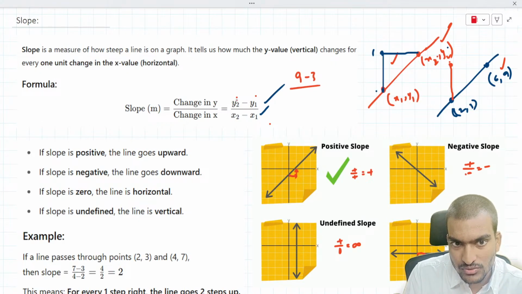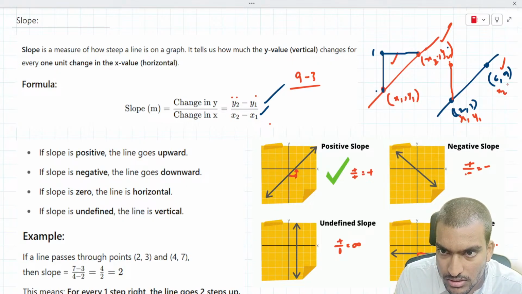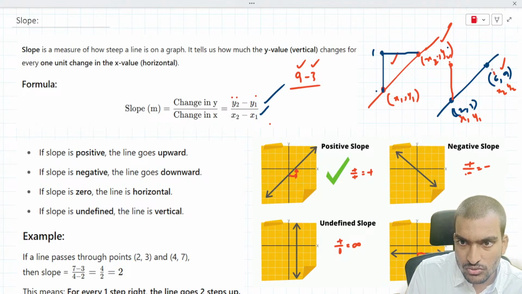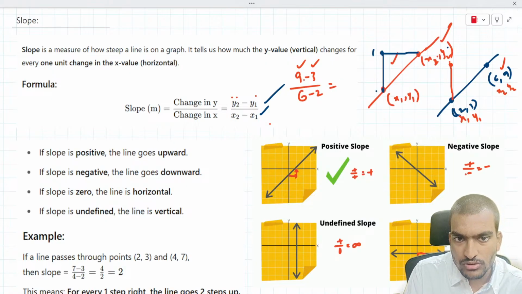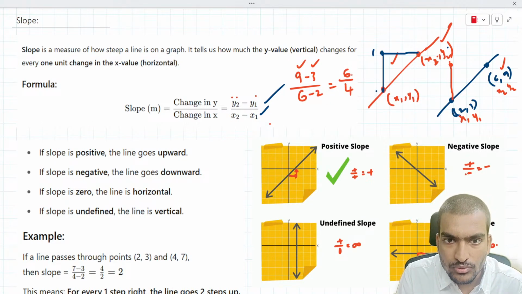Considering this is x1 and y1, and this is x2 and y2, the slope is y2 minus y1 by x2 minus x1. What is x2? 6. So 6 minus 2. 9 minus 3 is 6, and 6 minus 2 is 4. Now you can cross out, 2 3s, 2 2s. So that's 3 by 2.